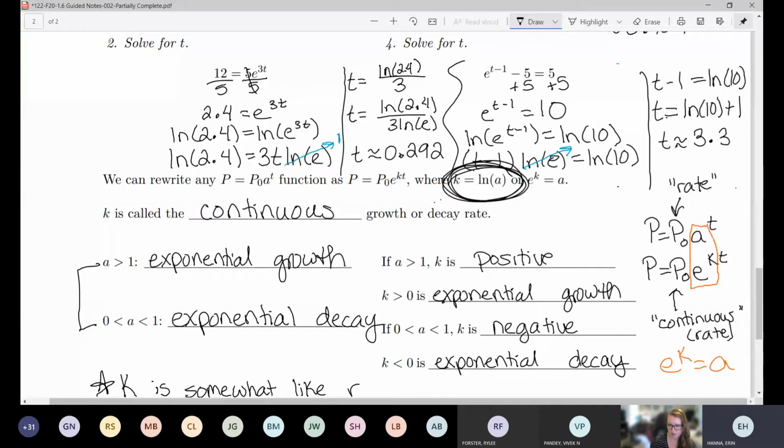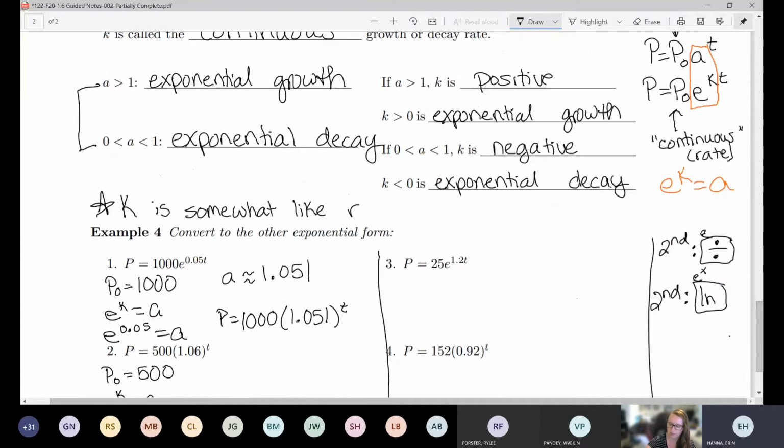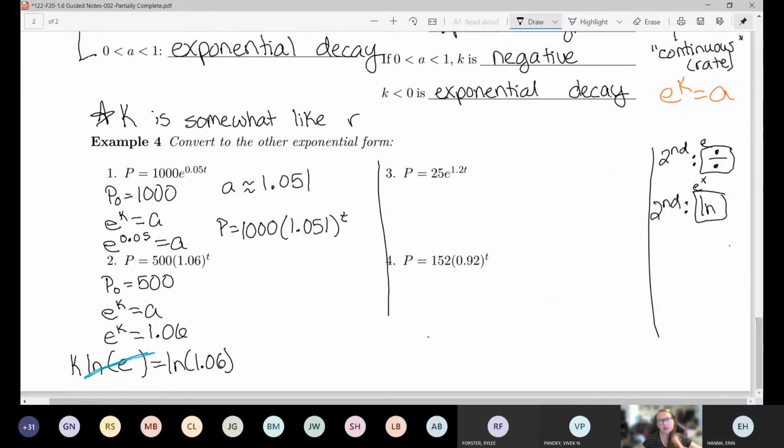But again, I just usually use the e to the k equals a, and then I just solve for it manually, because e to the k equaling a makes more sense to me because it falls out from just looking at the two equations next to each other. So if you ask your calculator what natural log of 1.06 is, you're going to find that k is approximately 0.058.